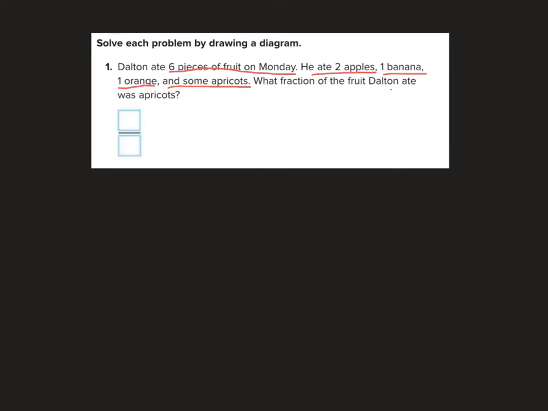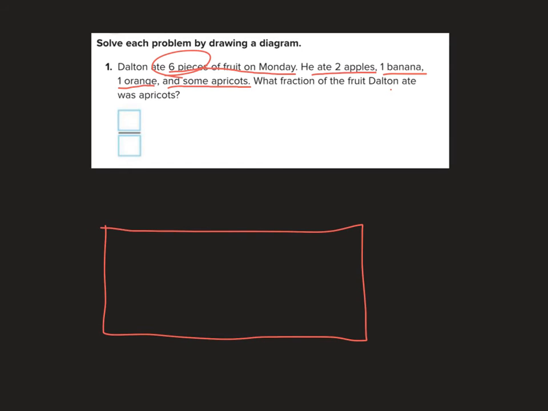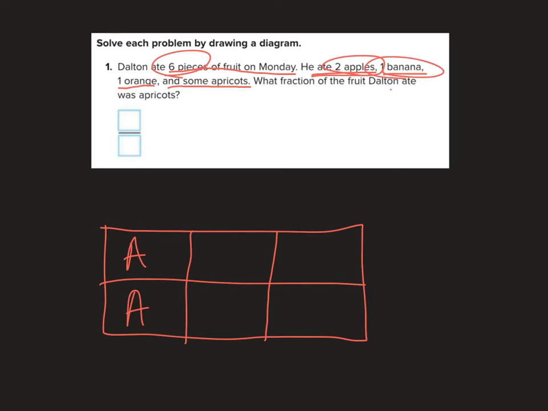Okay, so I know I have 6 total pieces of fruit. And draw my diagram here. I know that 2 apples, 1 banana, 1 orange, and the rest are apricots.